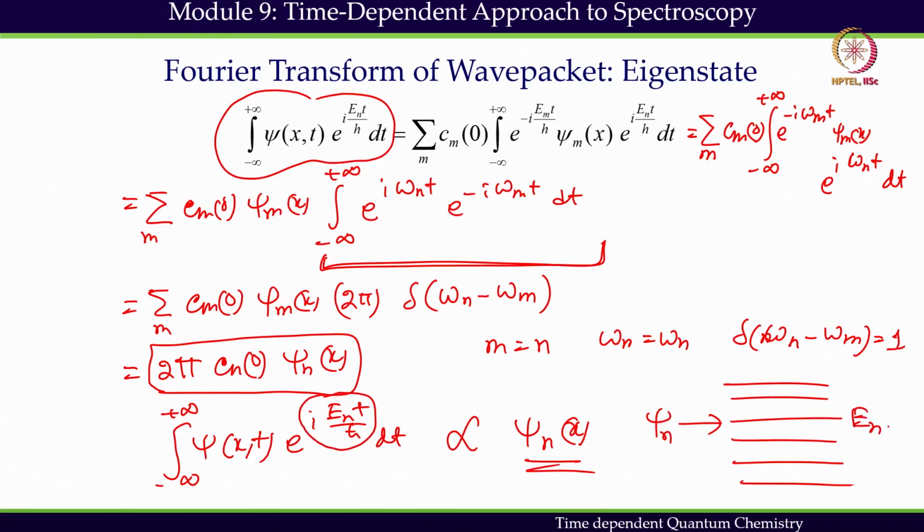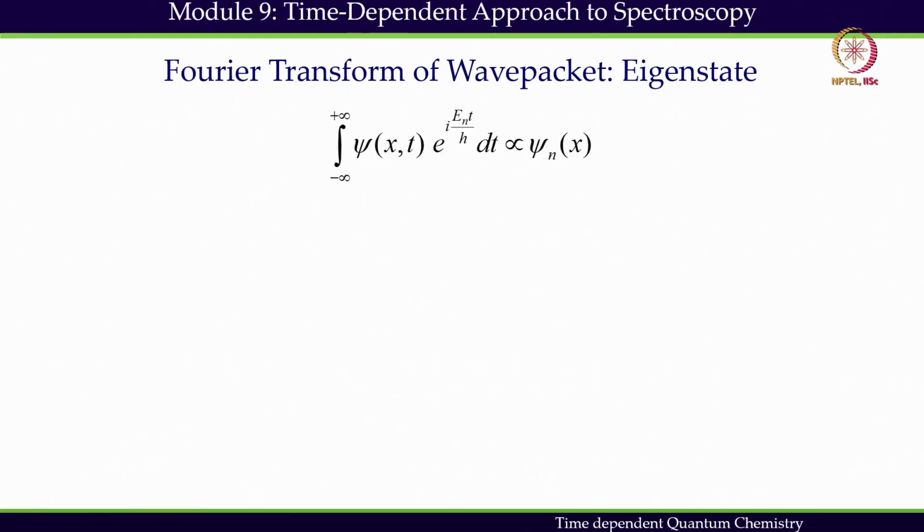So corresponding to an eigenvalue, I am now getting an eigenstate wave function, and that's exactly what we wanted to do, because TDSE is giving me these two informations together. Similarly, TISE has given me these two informations together. Now I am looking through TDSE, and through TDSE we are now seeing that the Fourier transform of the wave packet at the energy.